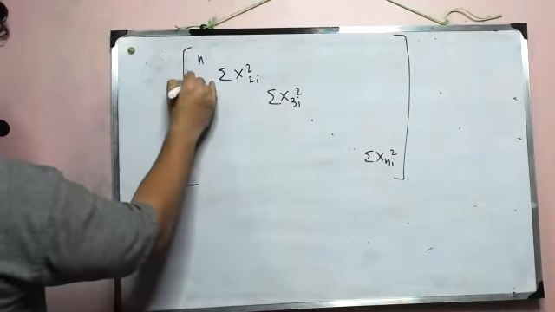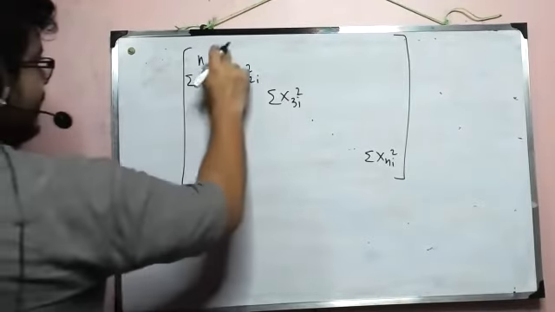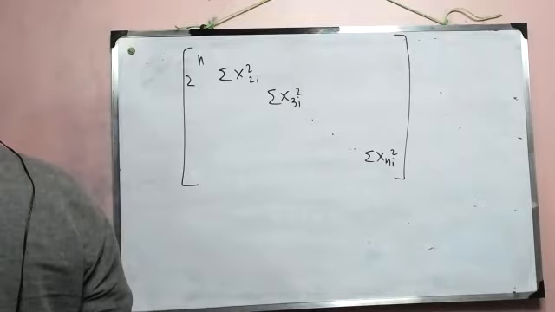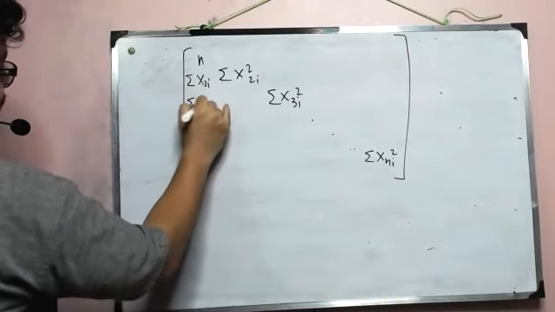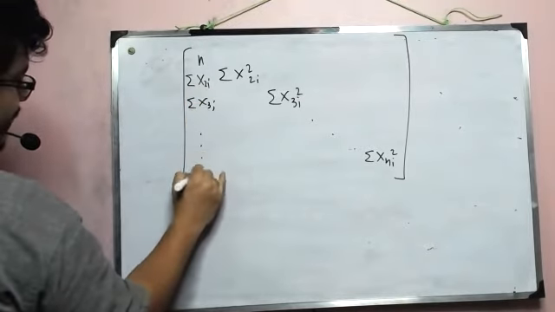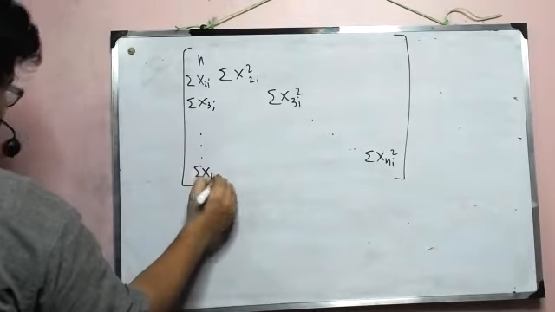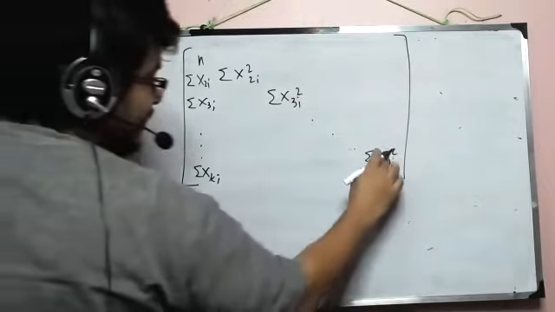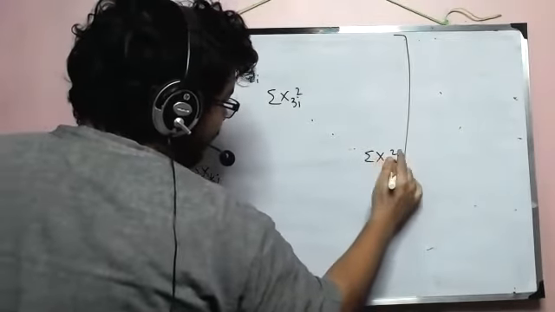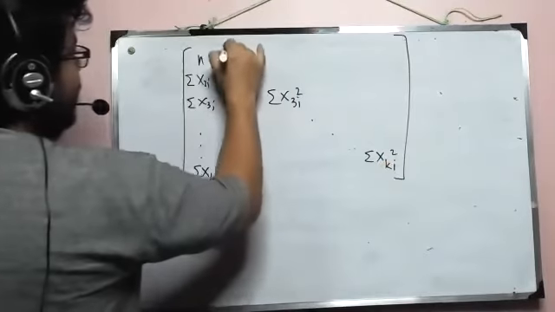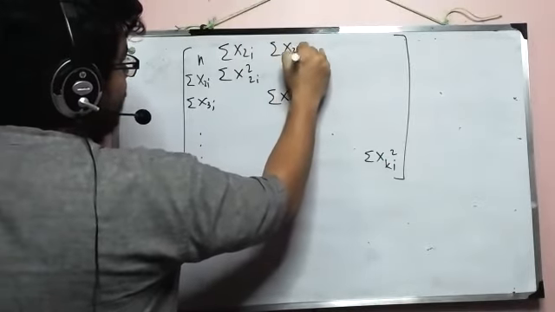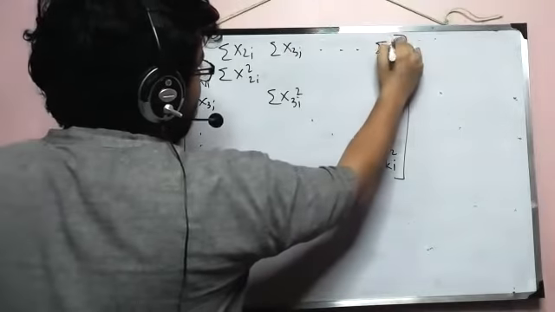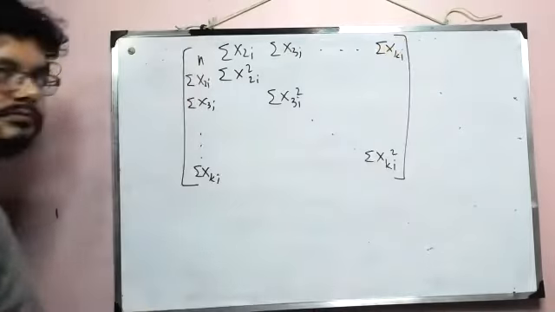So here this column and this row will be identical: sum of X2i, X3i, and up to XKi. This is not n, sorry, this is k. And here also sum of X2i, X3i, up to XKi.